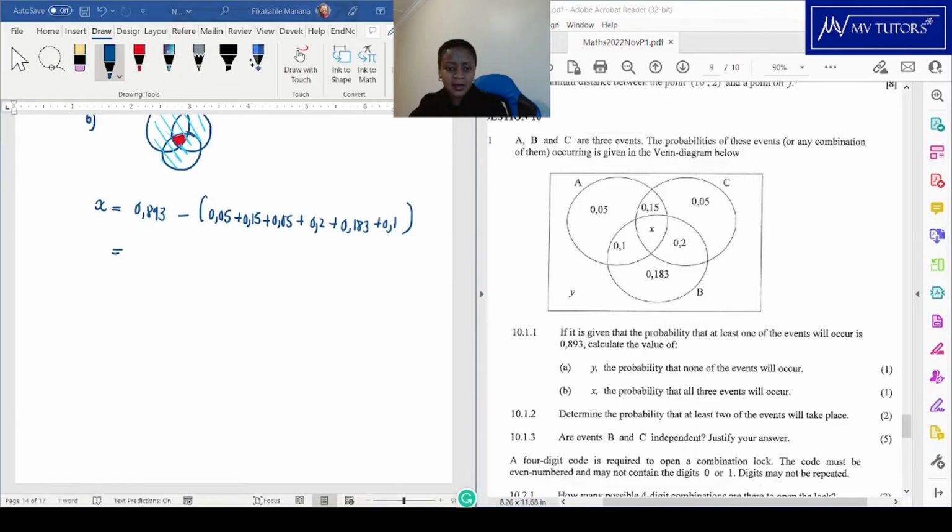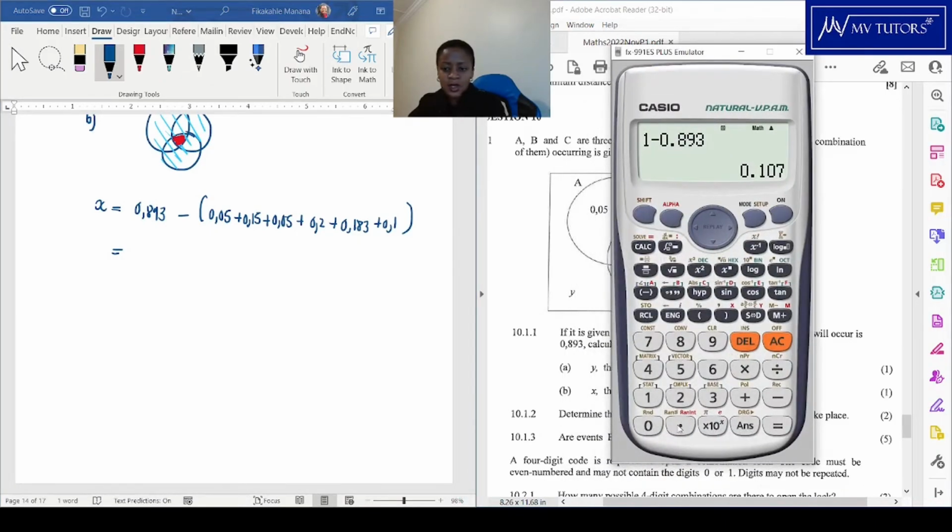And let us get the calculator out. So we have 0,893 minus 0,05. I think there's two of them. Plus 0,15 plus 0,2 plus 0,183 plus 0,1.